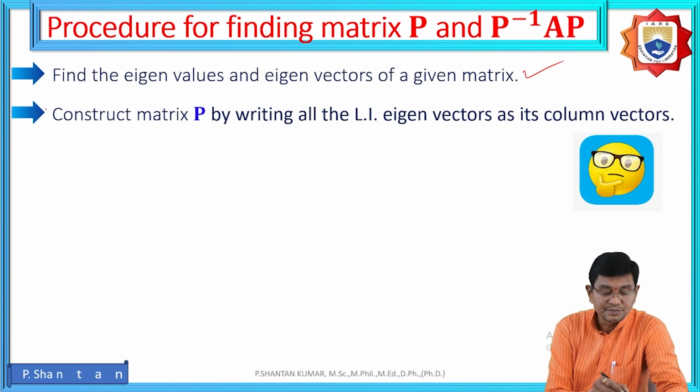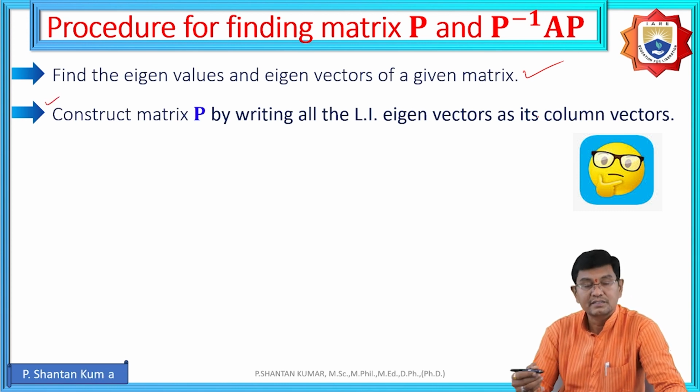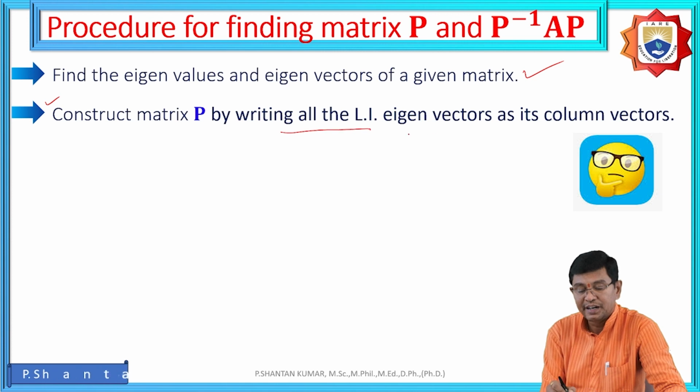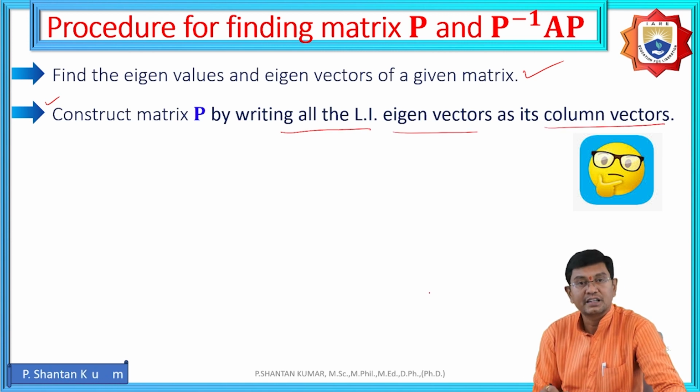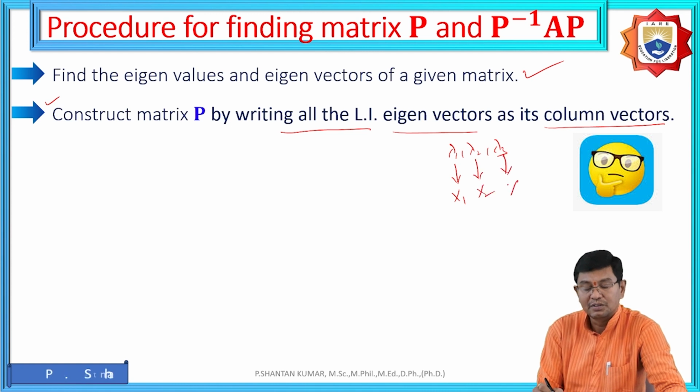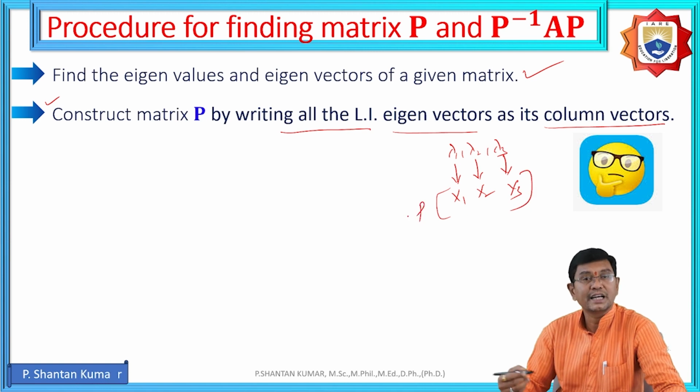After that, construct P by writing all the linearly independent eigenvectors as column vectors. That means first find lambda 1, lambda 2 and lambda 3, and further lambda 1 corresponds to x1, lambda 2 to x2 and lambda 3 to x3. That is the matrix up to the second step.